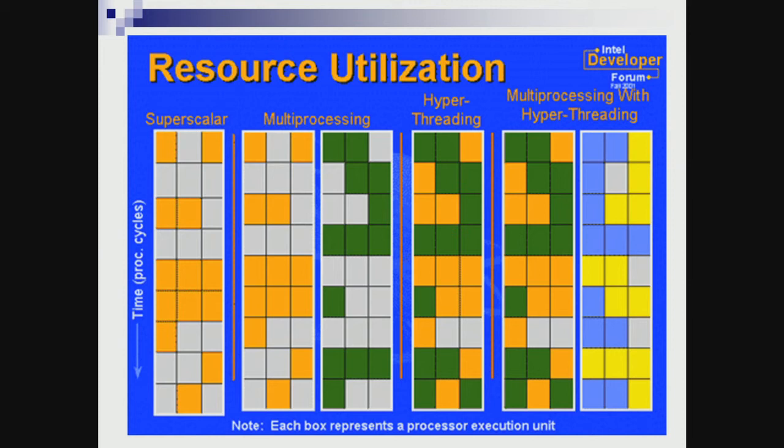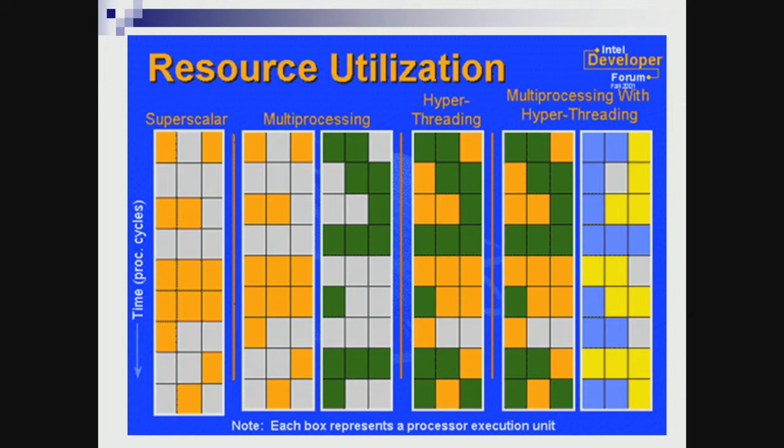works here, and only one process can execute. When I have a multiprocessing environment where I have 2 CPUs, as you see in the second column from your left, I could run both the orange or yellow instructions and also the green instructions at the same time. So this is 2 cores, one running the yellow process, another running the green process.